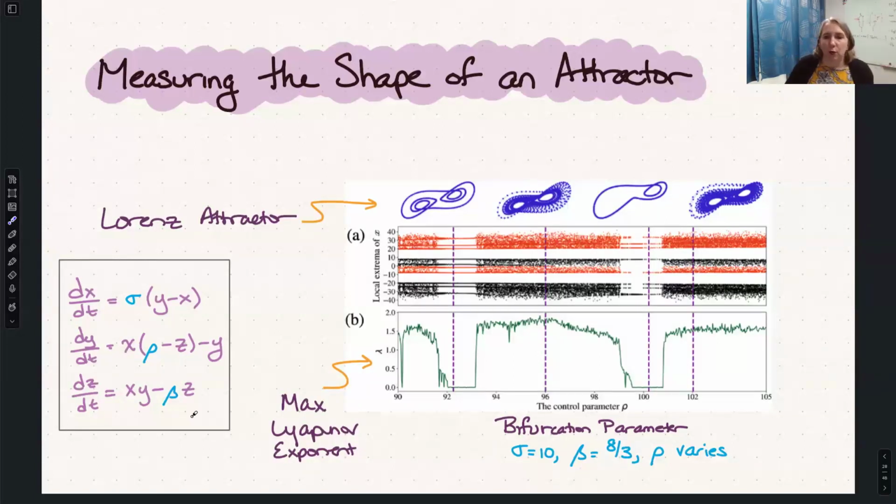All right, so one of the ways that I'm going to mess around with this is if I pick certain nice parameters. If I fix sigma and beta and I let rho vary, what we can see is that for different choices of this rho, you're going to get very different results in your dynamical system.